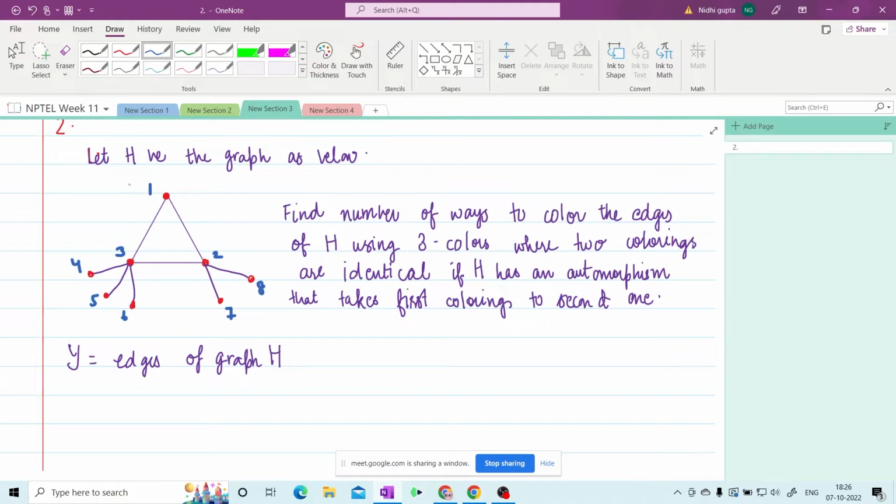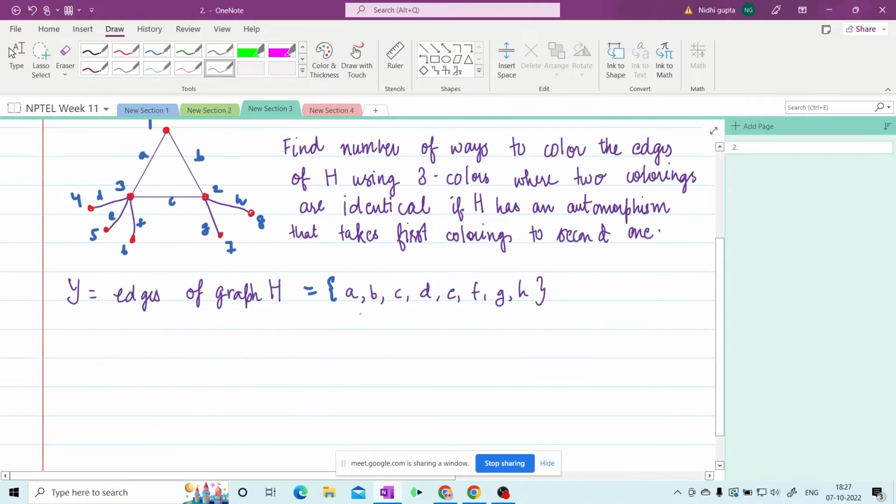And set Y is the edges of graph H, so all these edges A, B, C, D, E, F, G, H. And we are saying two colorings are the same if H has an automorphism that takes the first coloring to the second one.